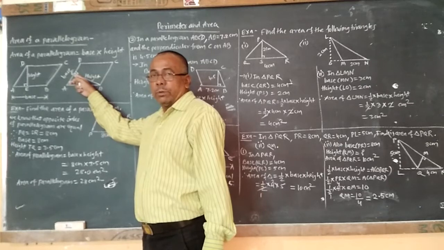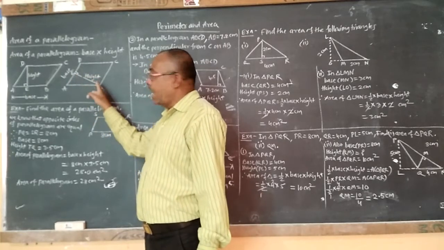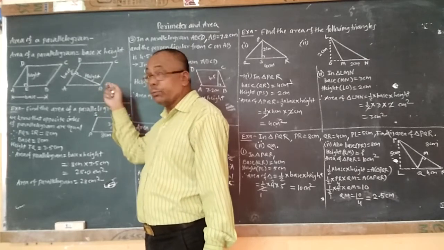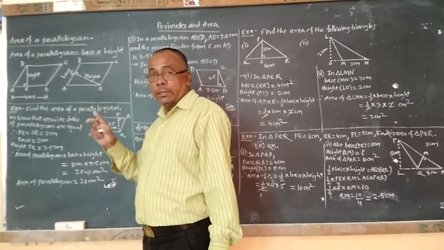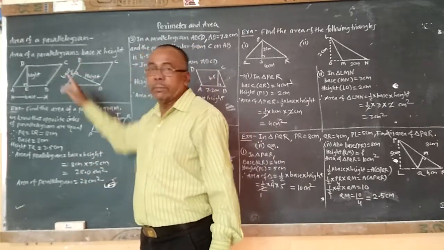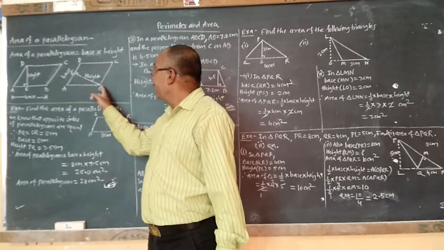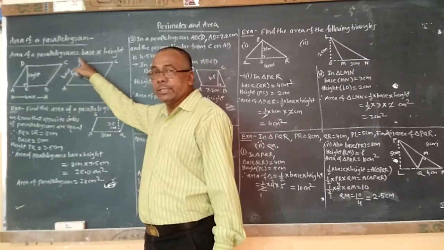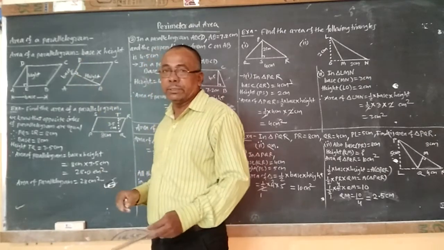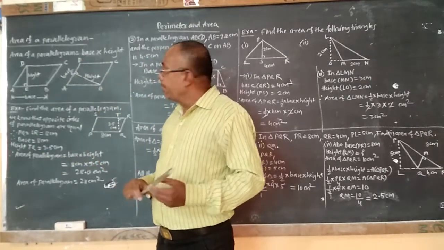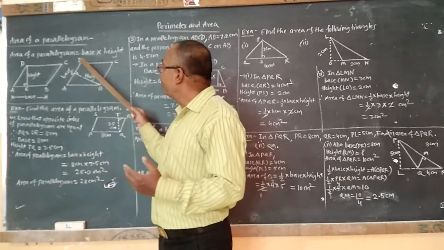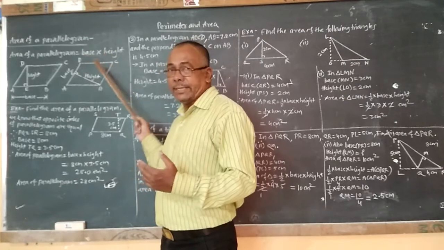The perpendicular drawn from the vertex which intersects the opposite side at 90 degrees is called the height, and that opposite side is known as the base. So here BE is the height and AD is the base. To find the area of the parallelogram, we have to multiply base and height.